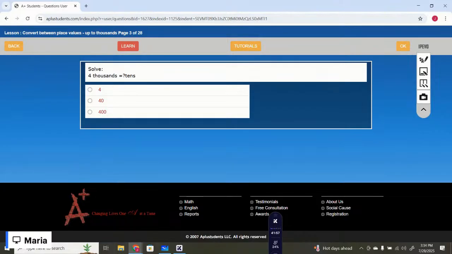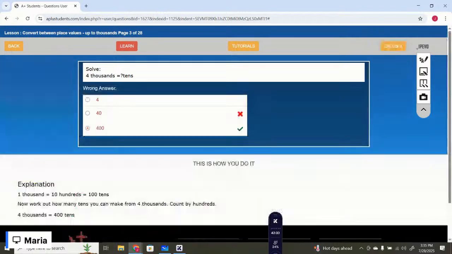4,000 equals how many tens? The correct option is 40, because in 100 we have, no, I think, yes, that would be 400 tens, because in 1000 we have 100 tens, right? So in 4,000 we have 400 tens.